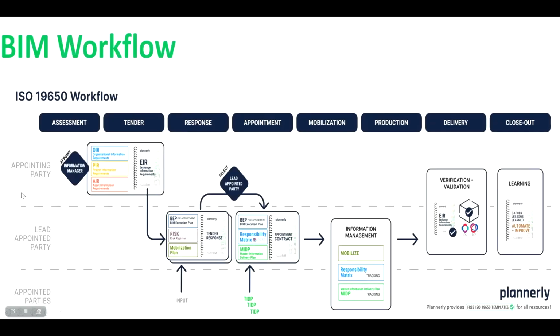Here there are three major components. These are your appointing party. Who is the appointing party? The appointing party is the major one, which does the billing and looks after the major work.